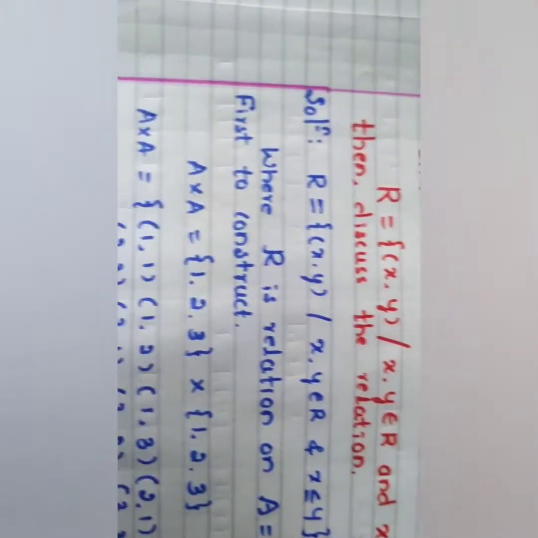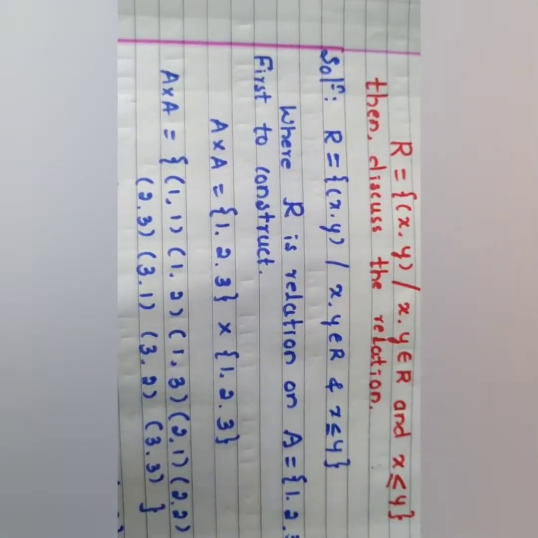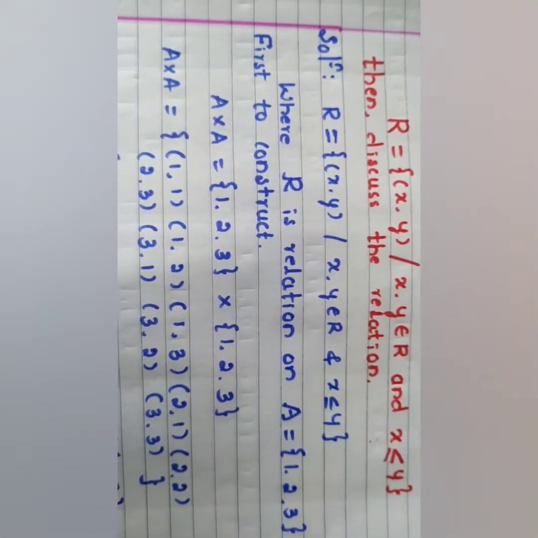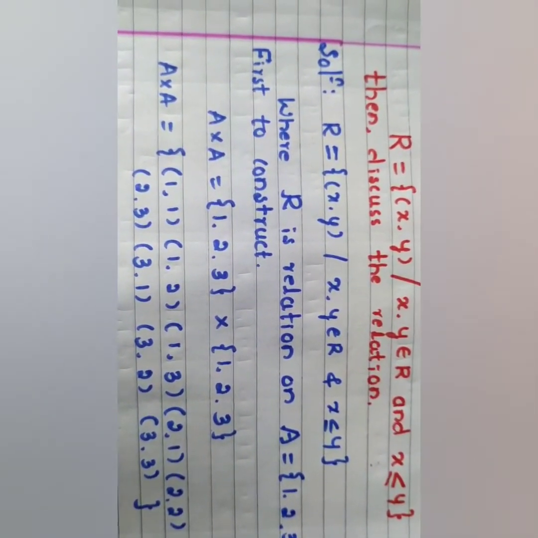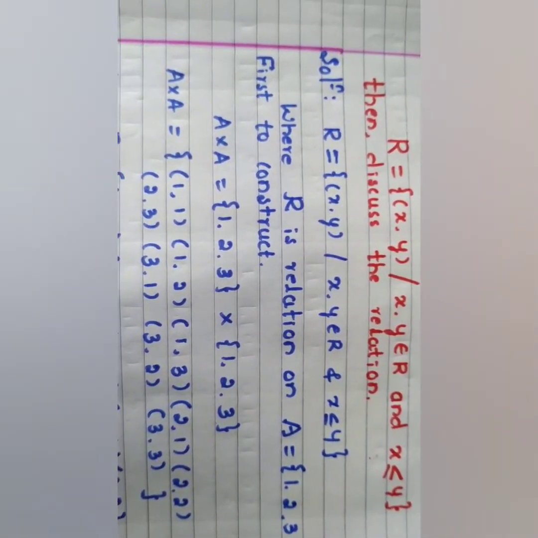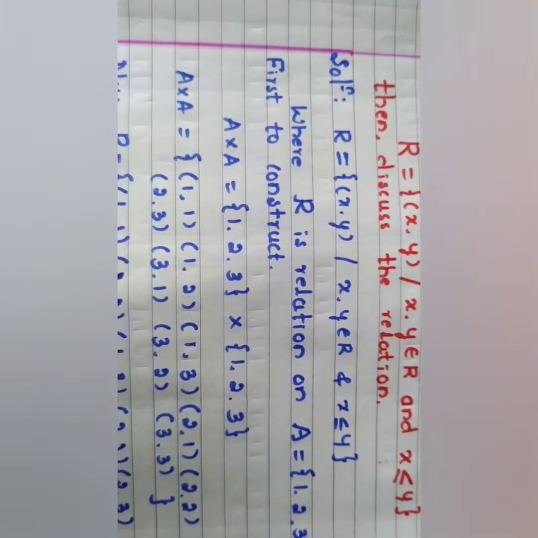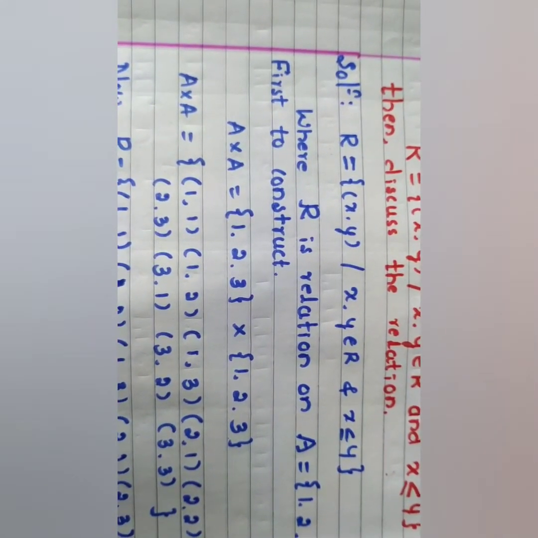Go for the solution. R is the pair (x, y) such that (x, y) belongs to R and x is less than or equal to y, where R is a relation on A. First to construct A cross A, the Cartesian product of A with itself.